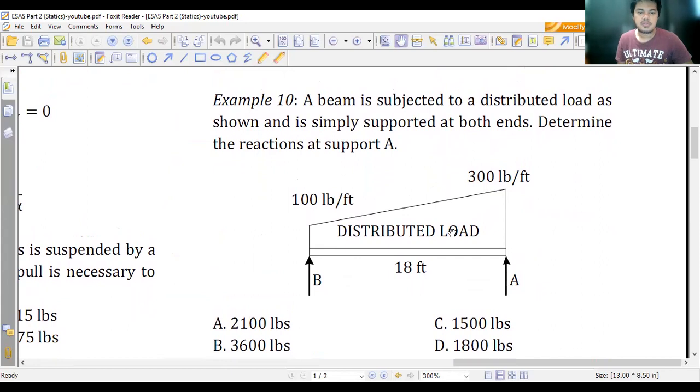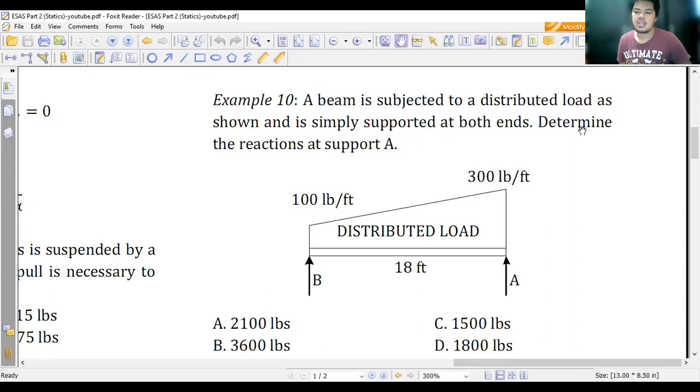For example number 10, we still have a beam subjected to a distributed load as shown. This is an example of a distributed load, and it is simply supported at both ends.